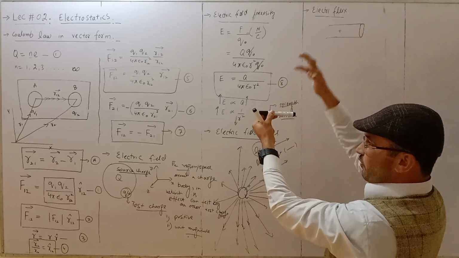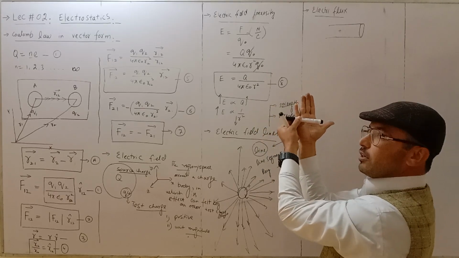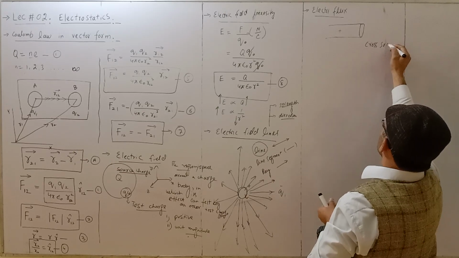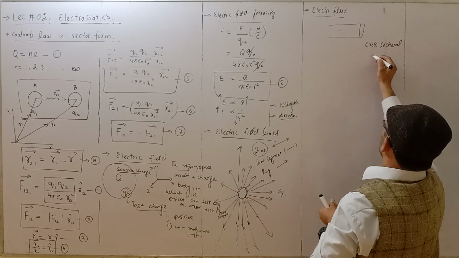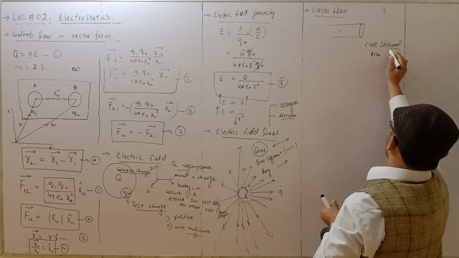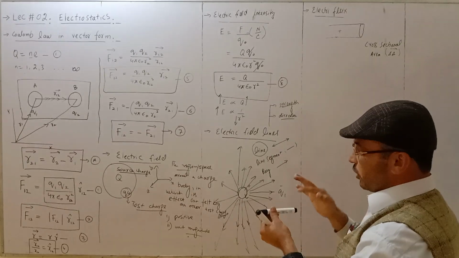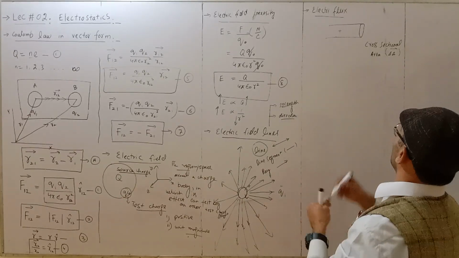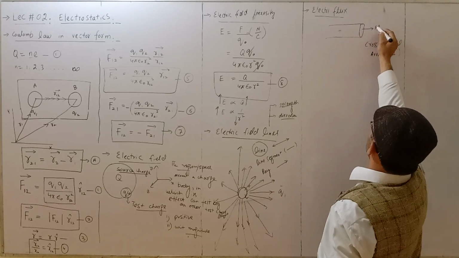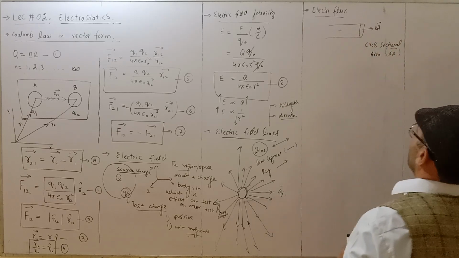So the surface area and the cross-sectional area are perpendicular to each other. The cross-sectional area is a vector quantity which is always directed perpendicular to the surface, and its direction is represented by delta A.